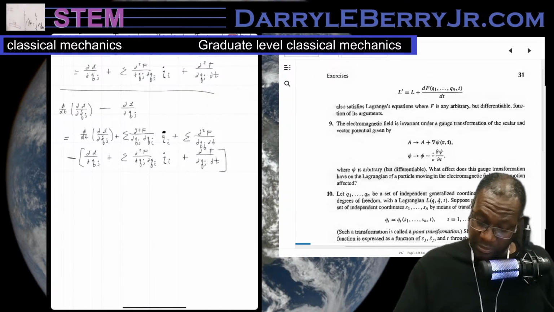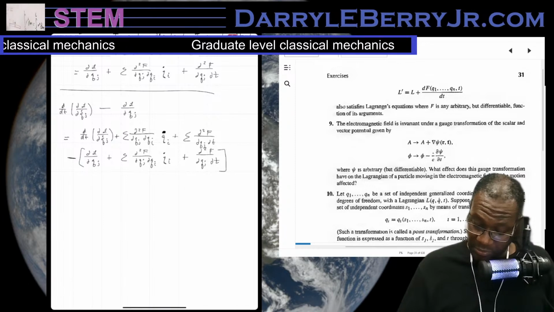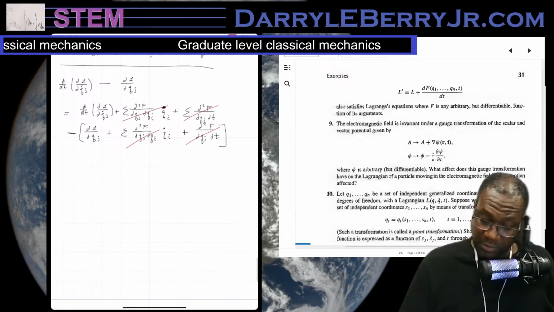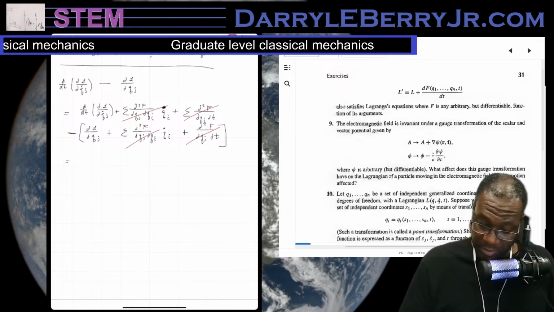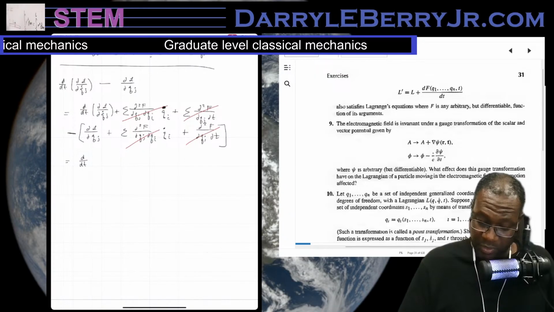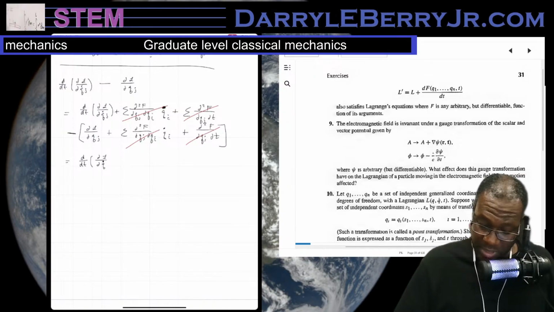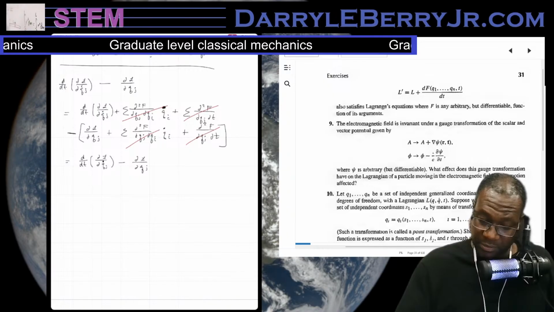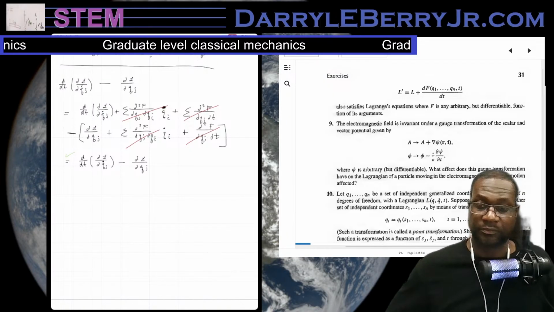And you can see that these things here are the same. So the extra stuff cancels. We end up with the original Euler-Lagrange equation, partial L over partial q dot j minus partial L over partial q_j. And we've proven that they're the same.